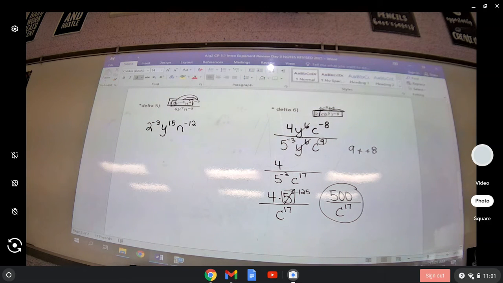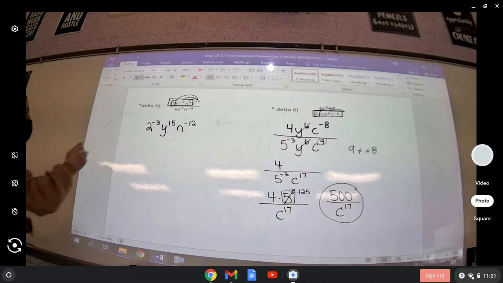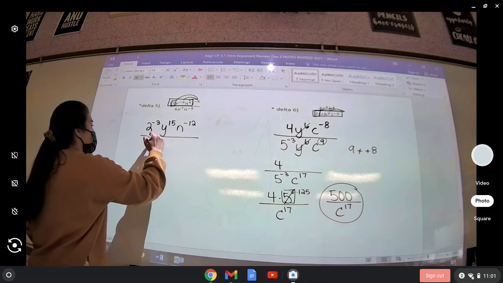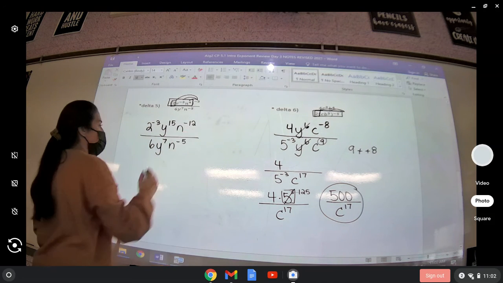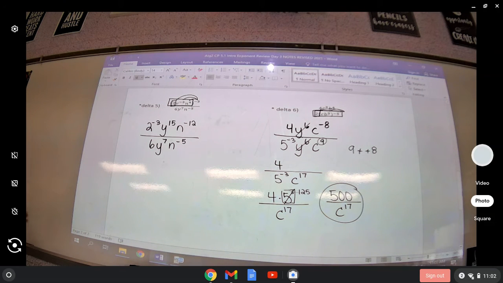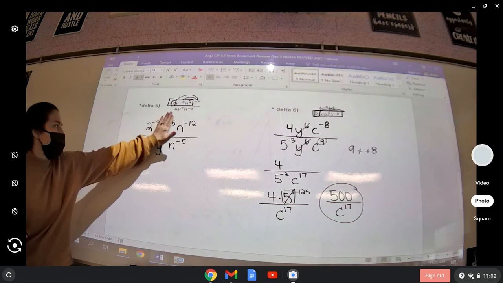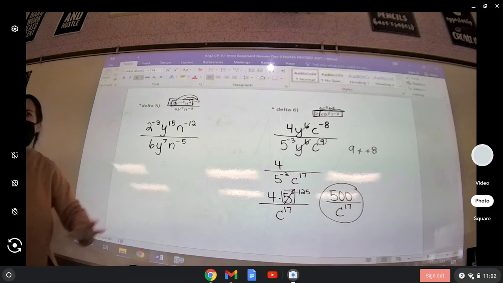So if you want to check, there's my new numerator when I gave everything inside of the parentheses a power of negative 3. So guys, that 2 to the negative 3, he's going to haunt us. Leave it. We'll worry about it in the end. So now it's a division problem, but I think you should leave your numbers. Just worry about dividing your variables.